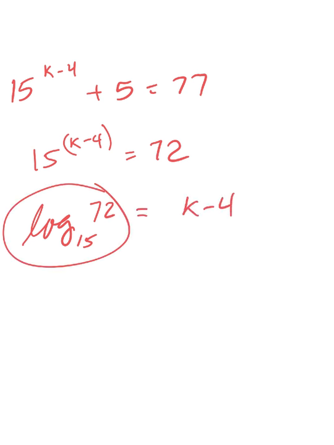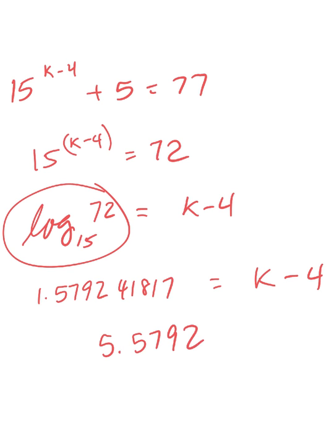Then we put this in our calculator, however we have to do it, to find that ugly decimal. So when I find the log base 15 of 72, I get 1.579241817 equals k minus 4. So I have to add 4 to that, and I get 5.5792 when I go to 4 decimal places.